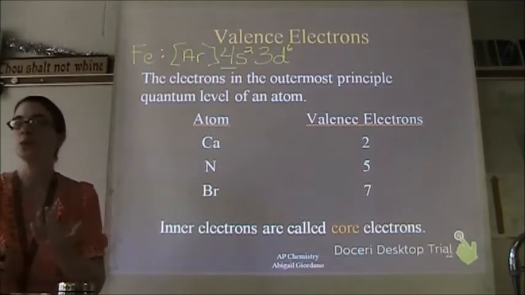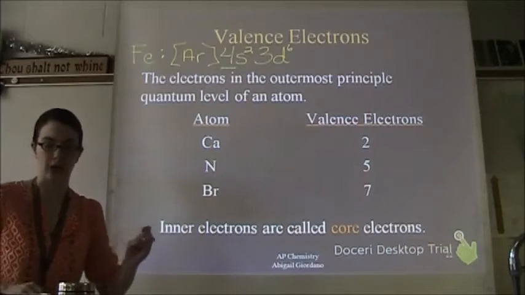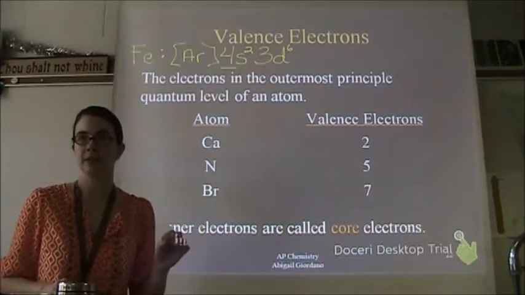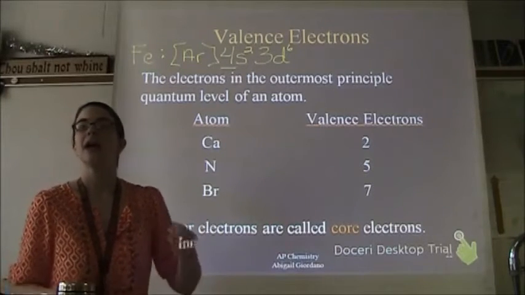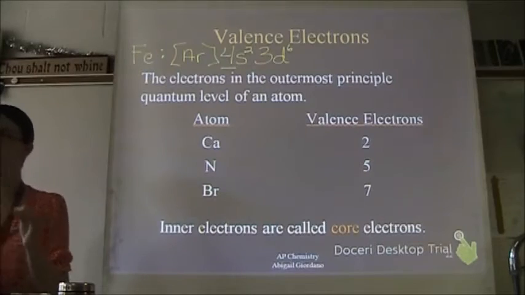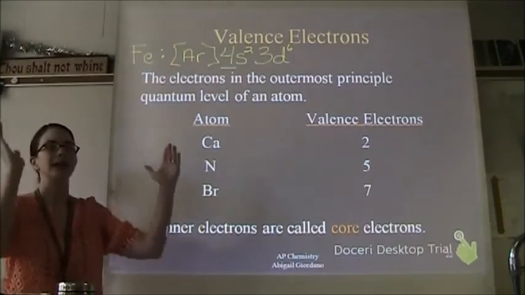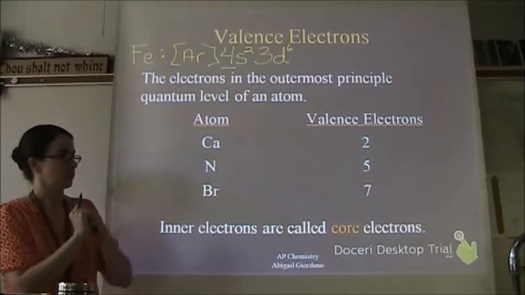Okay. So guess what? Iron has 2 valence electrons. Look down at your periodic table. How many total electrons does iron have? 26. What's 26 minus 2? 24. Iron has 24 core electrons, ones that are inside that valence level. Okay?